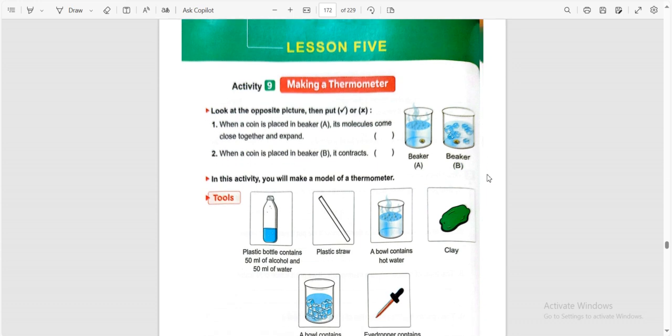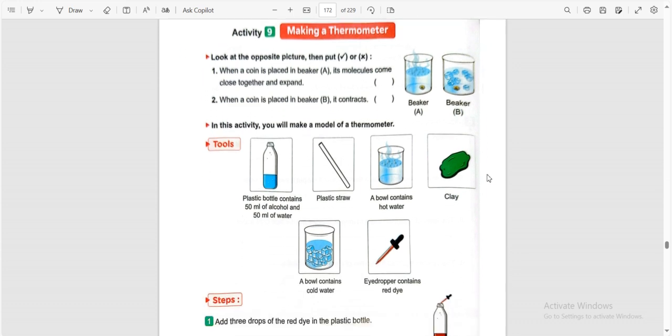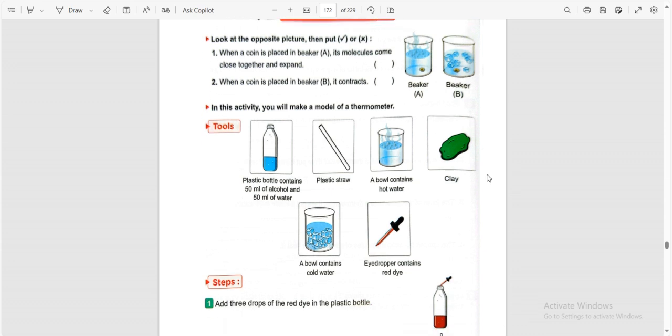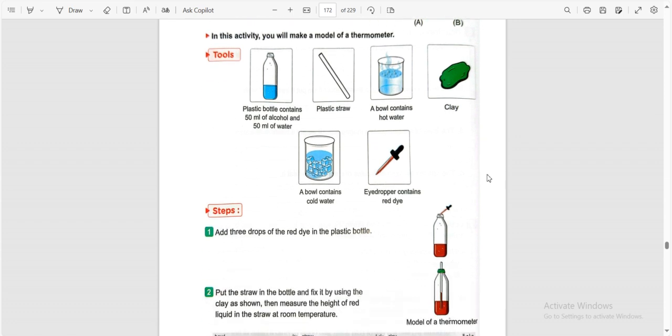In this lesson, we are talking about an experiment of how to make a thermometer. So we saw that a thermometer is something that tells us the temperature, right? So for this experiment, you need a plastic bottle that contains 50 milliliter of alcohol and 50 milliliter of water.